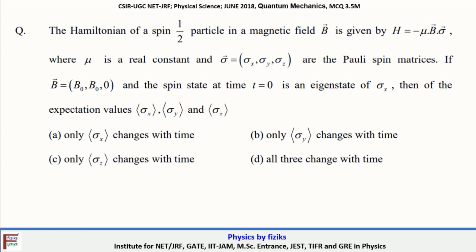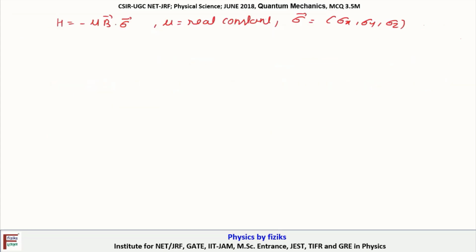Now if B is along 0, B0, 0, and the spin state at t equals 0 is an eigenstate of sigma x, then B is B0, B0, 0. That means H can take minus mu B0 sigma x plus sigma y.